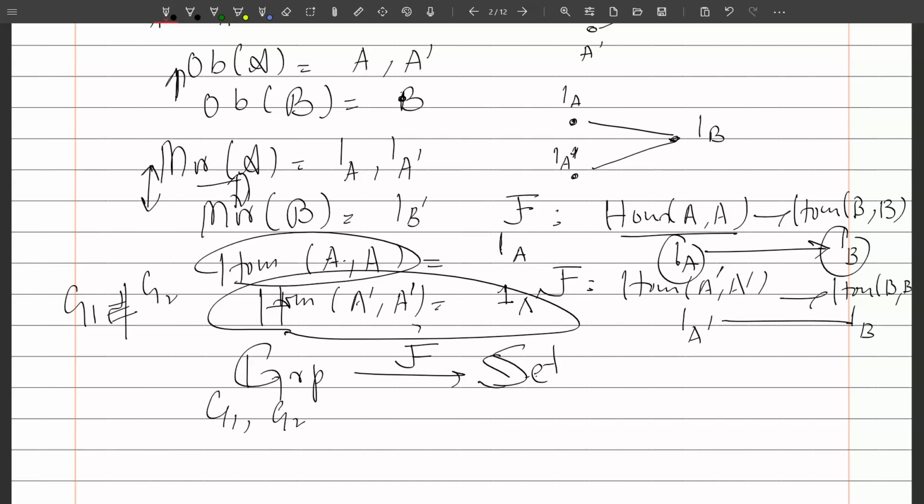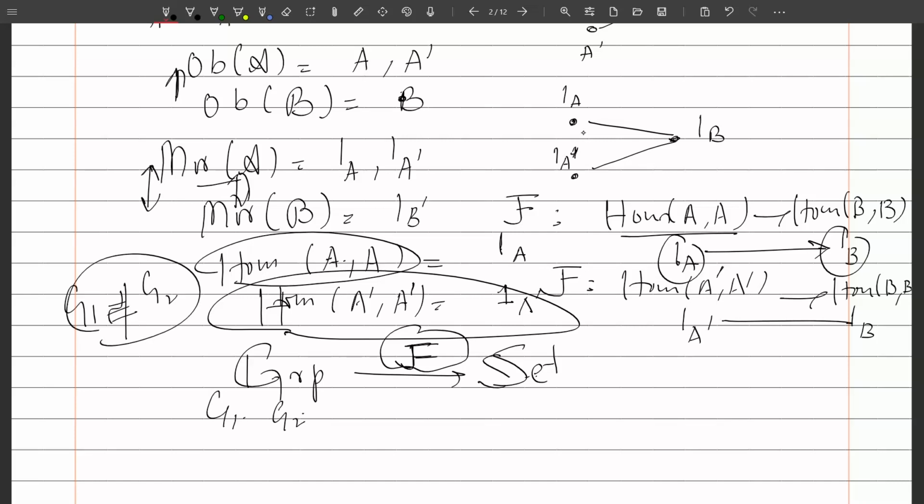So one can note here this functor is faithful because it takes group homomorphisms and it maps the group homomorphisms to just functions between these sets. So here g1 and g2, they are non-isomorphic groups. Suppose their underlying set is same. Now, what this forgetful functor does, it identifies non-isomorphic groups, because if we look at G1 and G2, as groups, they are distinct objects because they are non-isomorphic.